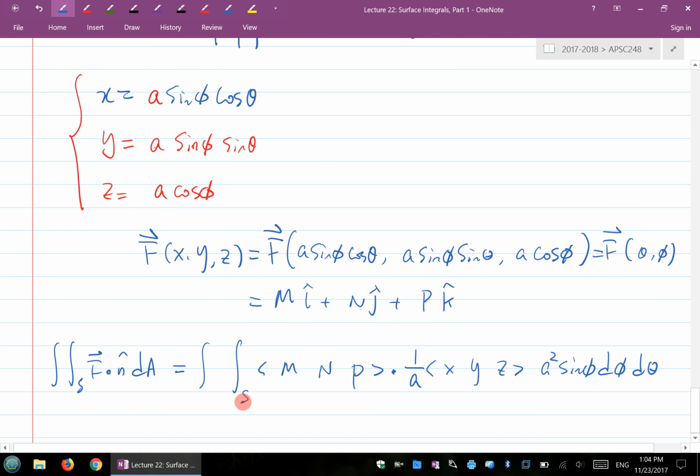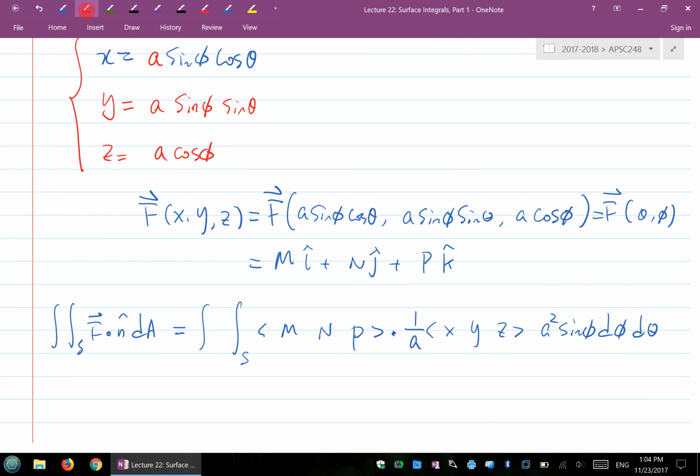So this will be the formula here. You can literally keep writing, replacing this x, y, z with the three expressions. Same thing for the M, N and P: the x, y, z within them should be replaced like this too.